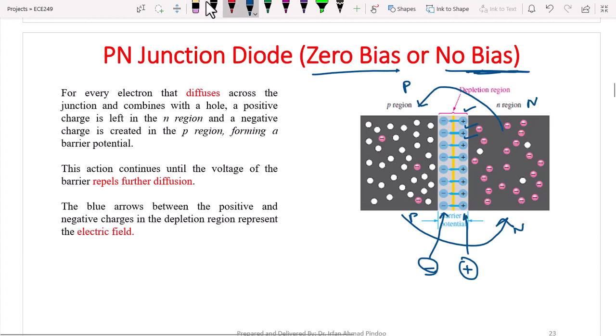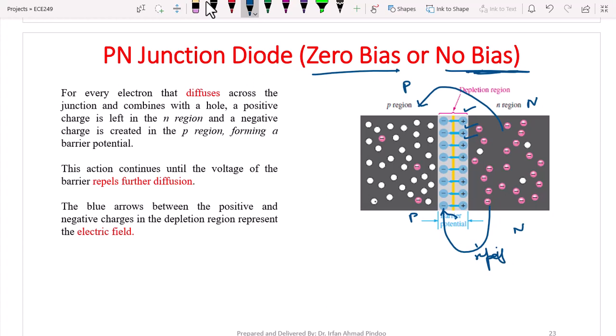Now due to this, the time will come when these electrons will try to move and cross the junction, but they will be repelled by the negative immobile ionic charge. So this and this, they will repel. In the same way, the holes and the positive immobile ions will also repel each other. So they will not diffuse again.